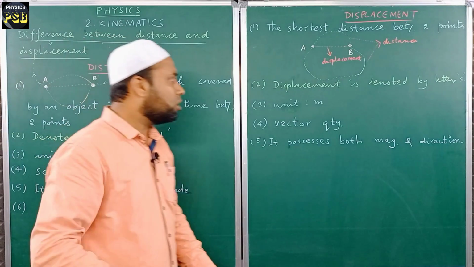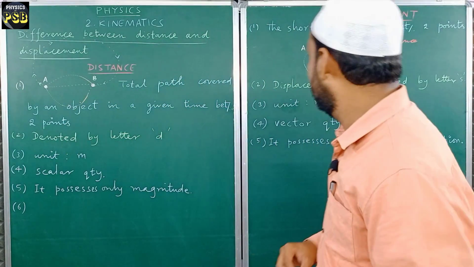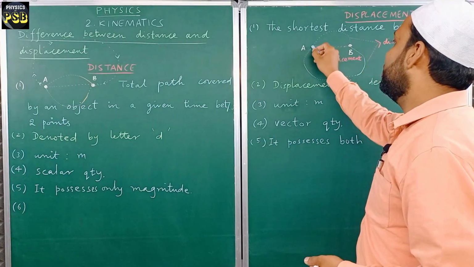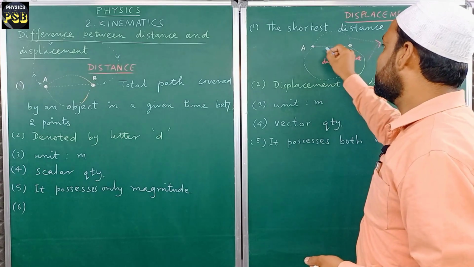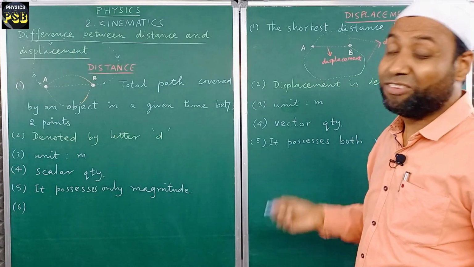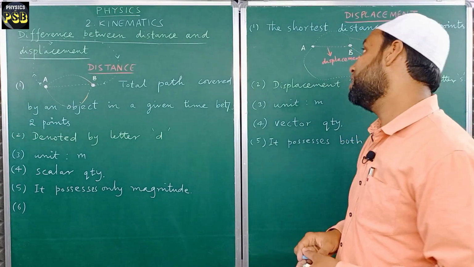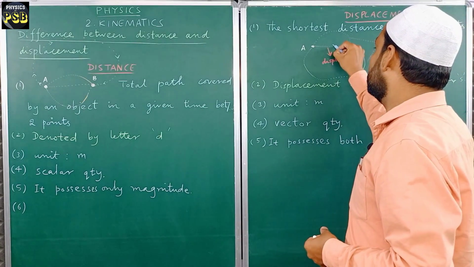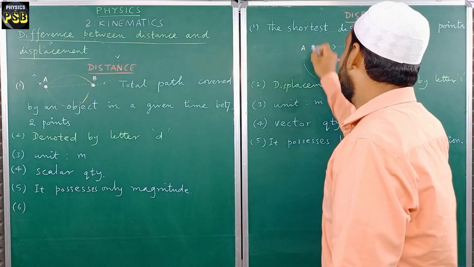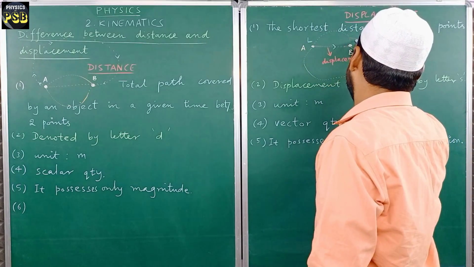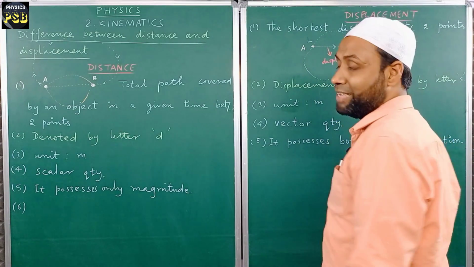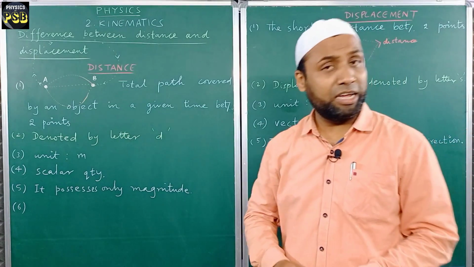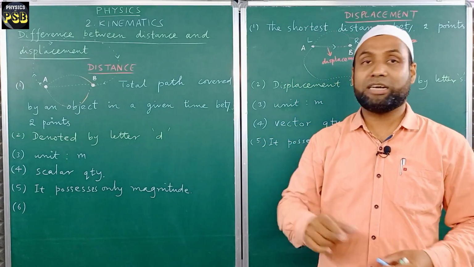Whereas when we talk about displacement, suppose a person starts from point A to reach point B and he chooses this path that we refer as displacement, the shortest path to reach B from A. Then he has to move from the left side towards the right side. Only in one particular direction he travels to reach the destination.